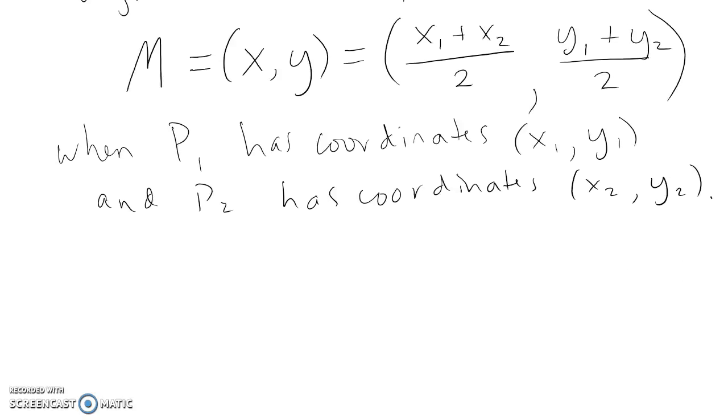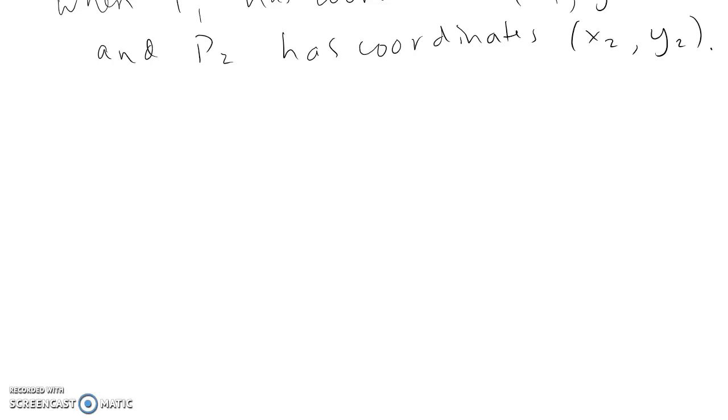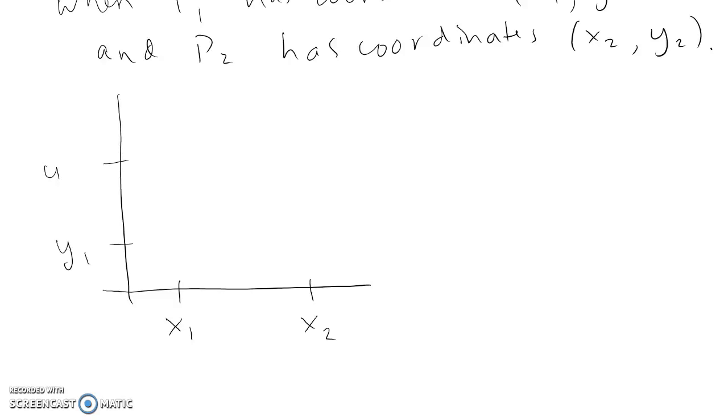Why does this formula work? Well, let's draw a similar picture to what we did for the distance formula. Here's my y-axis, my x-axis. I'm going to put the same points, the same coordinates, x1 and x2 on the x-axis, y1 and y2 on the y-axis.